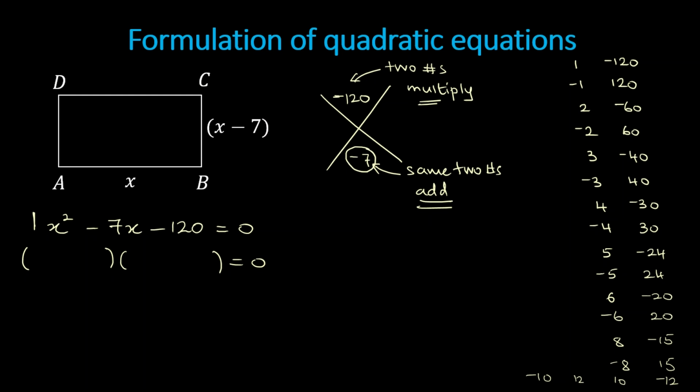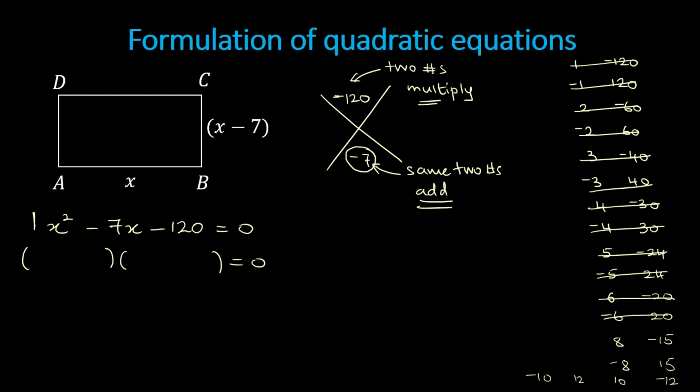Is it the first one? No. The second one? Still no. Third one? No. We continue like this. Still no. 4 with negative 30? No. We continue to delete. 6 with negative 20. It's negative 14. No. Negative 6 with 20. Positive 14.